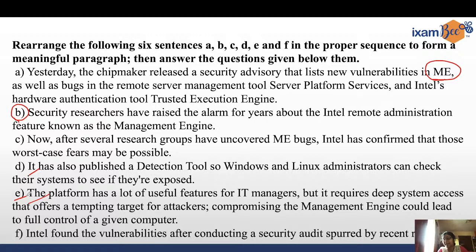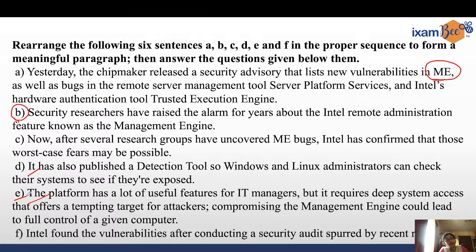Hi Monica, good morning. So what are we getting to know here? That the management engine is good, it has a lot of useful features, but there are security issues. And if someone gets control of this platform, they get full control of the given computer.